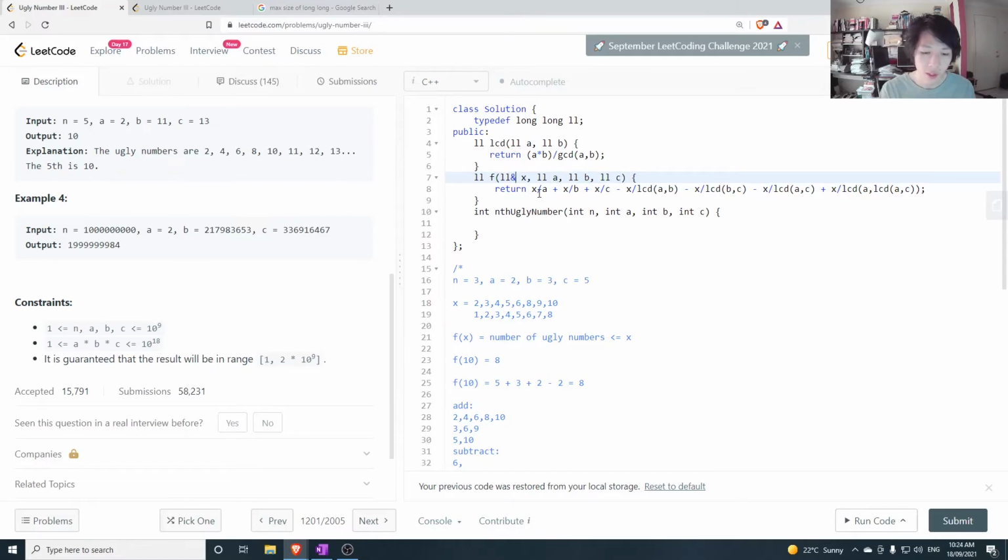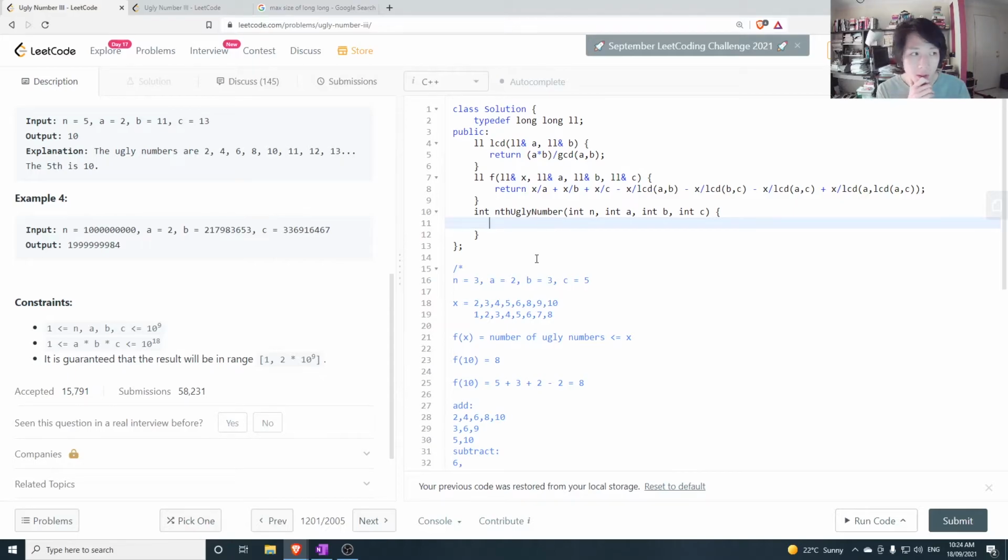Let's also see if it makes it more efficient if we just take in a reference to these instead. It shouldn't make much difference though. Okay, and then here we do the binary search that we talked about.